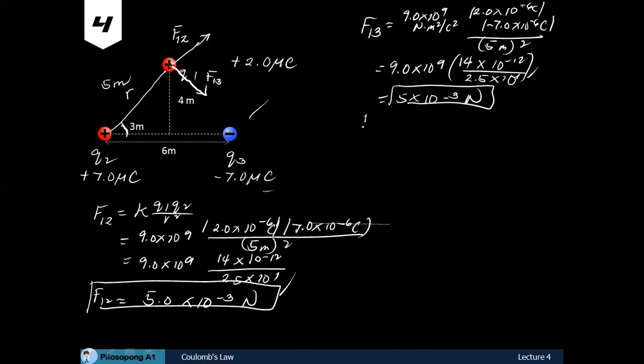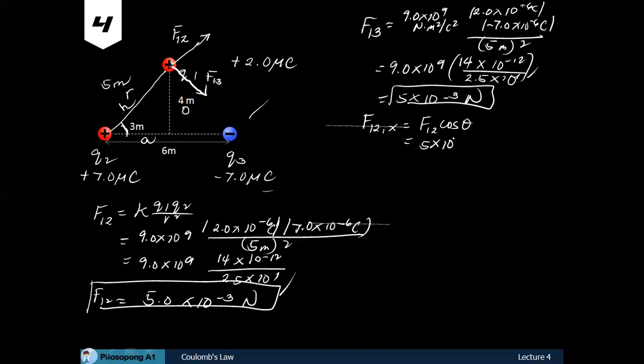So let's begin with the x component of F12. It is F12 cosine theta. Remember that in trigonometry, cosine theta is equivalent to the adjacent side over the hypotenuse. So we have here the adjacent side, this is the opposite side, and this is the hypotenuse. So adjacent over the hypotenuse. What is the value of it?